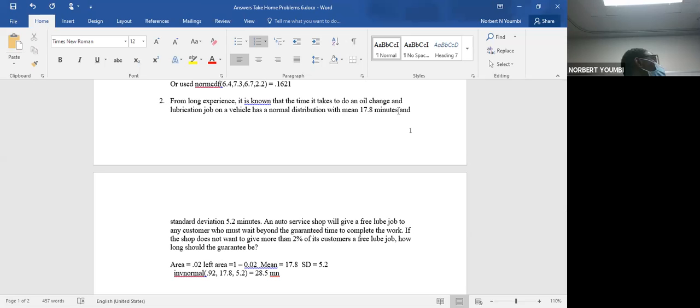Which problem? The one I'm reading or the one before? Okay. It should be 0.98. I can't see it here.